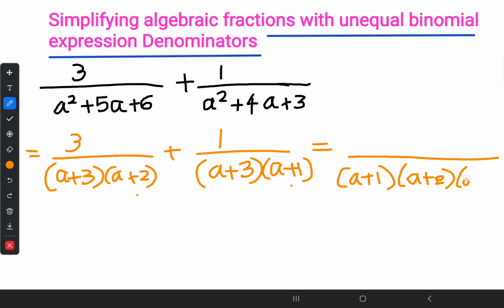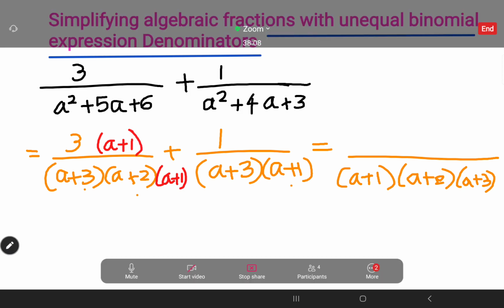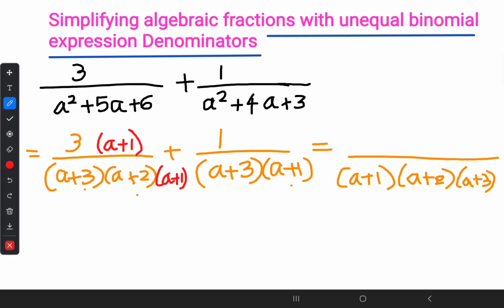a plus 1, a plus 2, a plus 3. The first fraction is already having a plus 3 and a plus 2, so it should be multiplied with the a plus 1 expression. The second fraction is already having a plus 3 and a plus 1, so it should multiply with a plus 2.